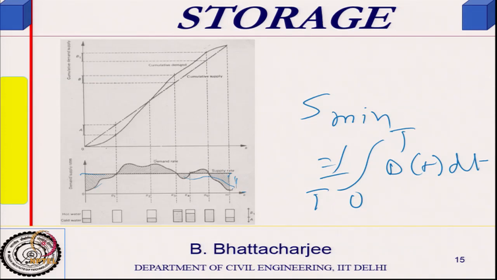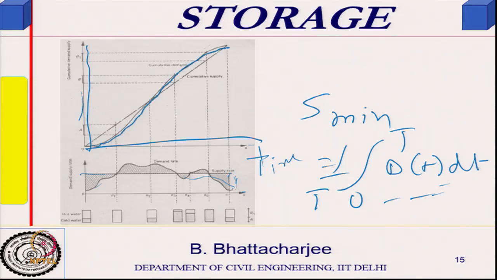And if I plot it in the cumulative form, this is my time and this is the cumulative demand or cumulative supply, then cumulative demand would look something like this, right. Because it is a summation of this area, up to here is this total area. Similarly, now it starts reducing, the slope would change.